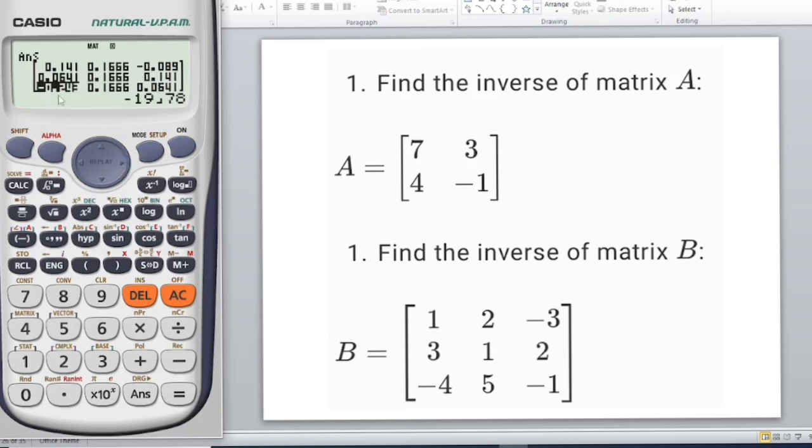Minus 0.243, which is minus 19 over 78. 0.1666, 1 over 6 and 0.0641, 5 over 78.